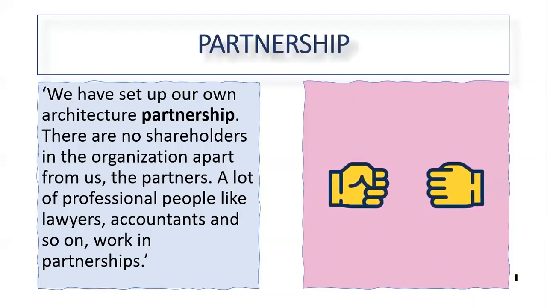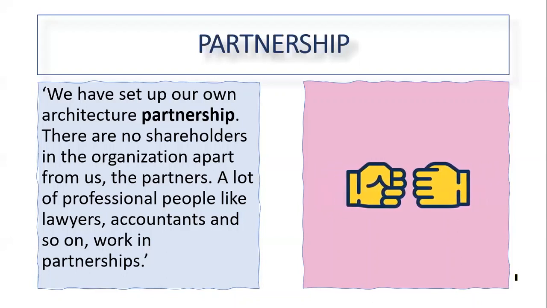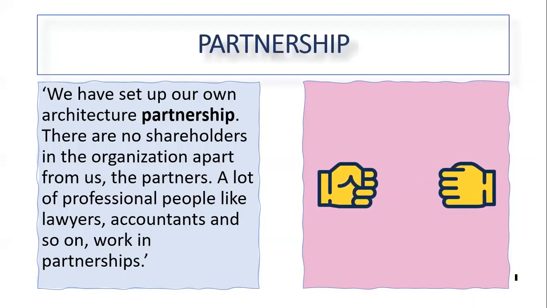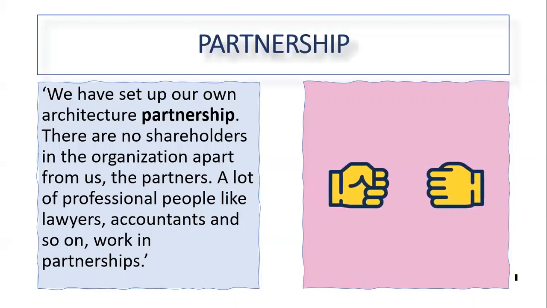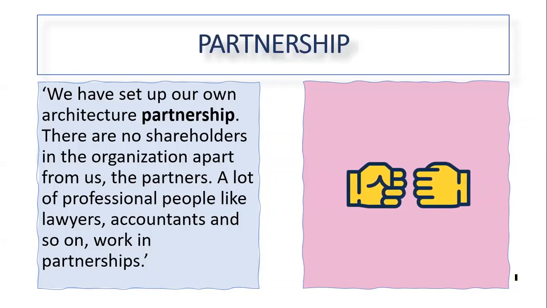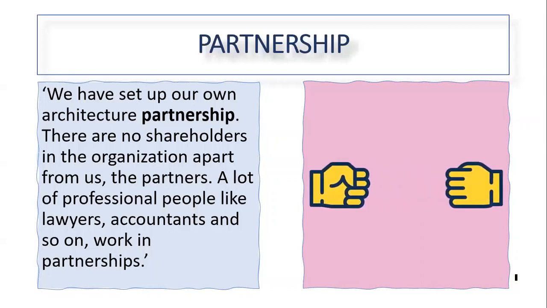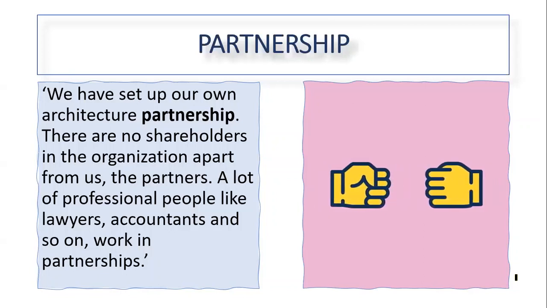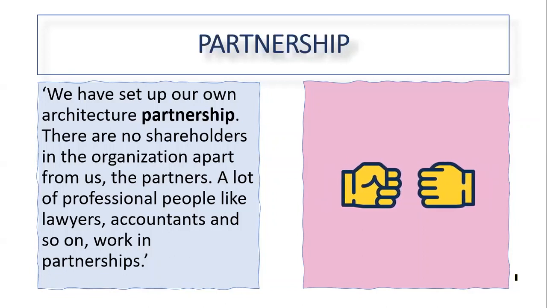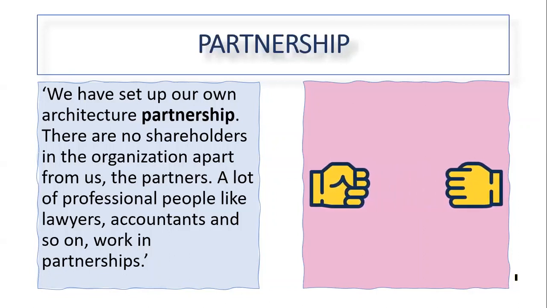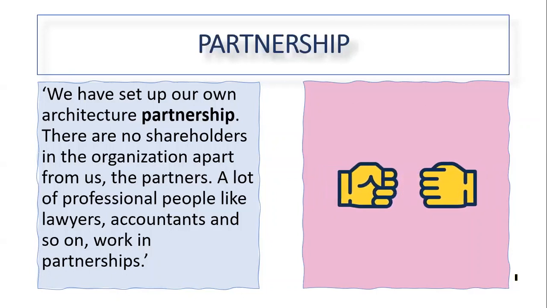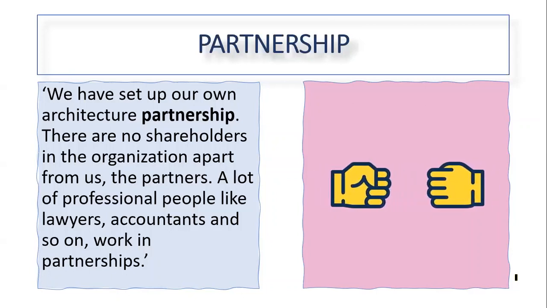So usually it's 2, but it can be more than 2. The most common examples are lawyers and accountants. And also here in Ecuador, maybe when you open businesses like restaurants or bakeries, all kind of businesses, and you want to do it with a friend, well, that's what you call partnership. That's the legal term.